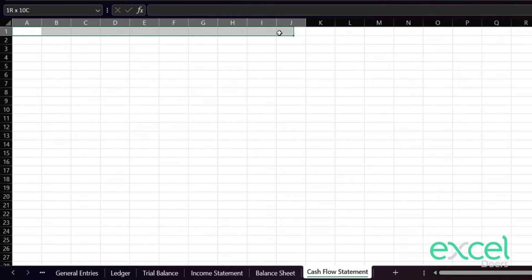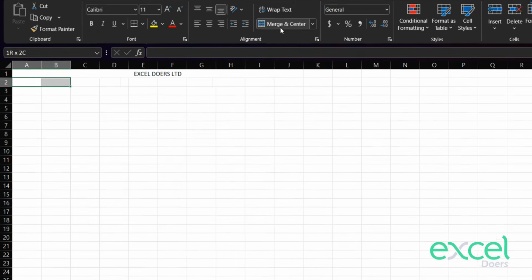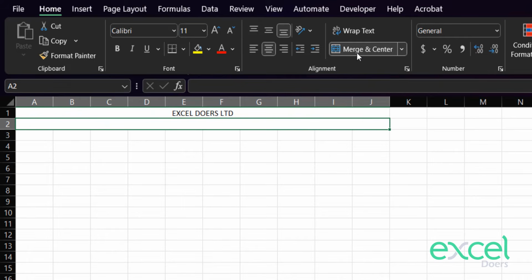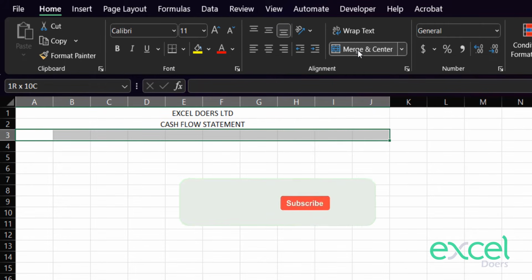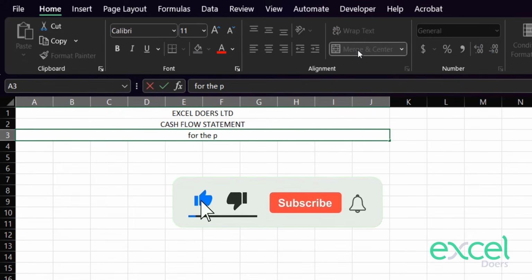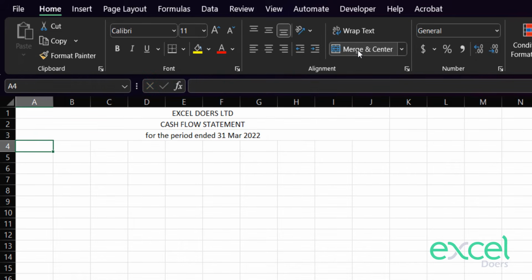Let me give it a heading. I will merge this cell and call it Excel Tours Limited. The second line I can call cash flow statement, and the third one can be the period: for the period ended 31st March 2022.